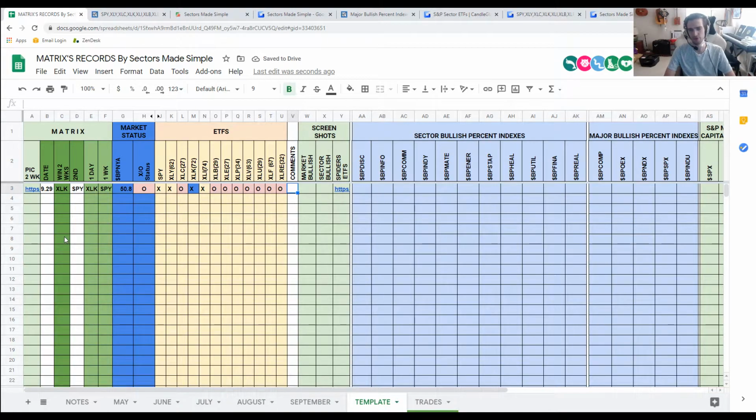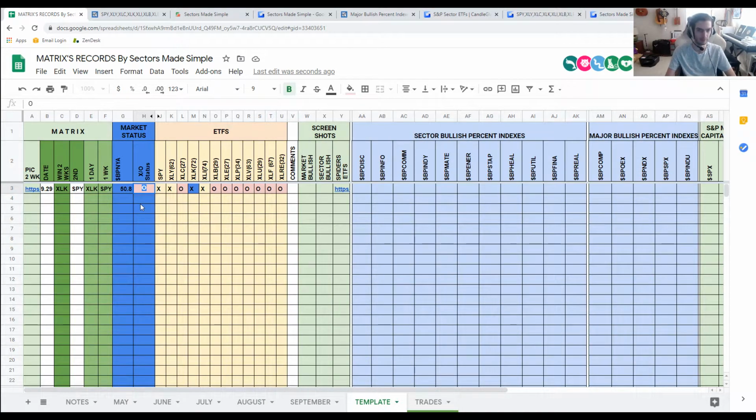Now this gives you a very good look at the market. It shows you the direction of every single one of the 11 different sectors, but also the market itself, where we see more companies are going on sell signals. We see that because of this O right here.